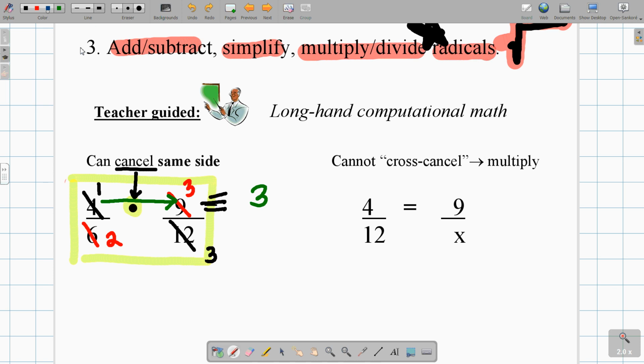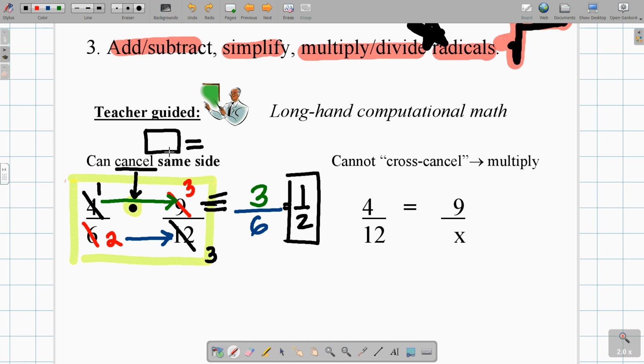And 2 times 3 is 6. And then you can reduce one more step, obviously, and our final answer is 1/2. So when you're working on the same side of the equal sign, you can cancel to your heart's content.